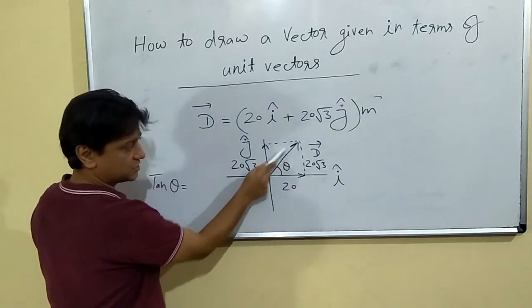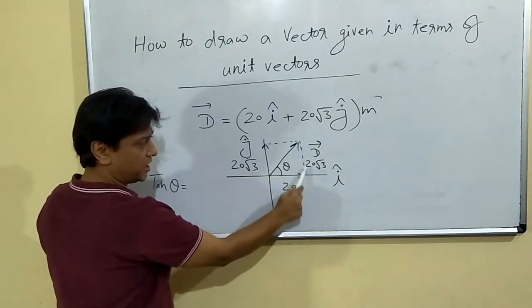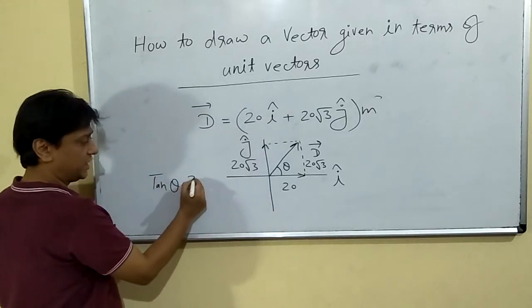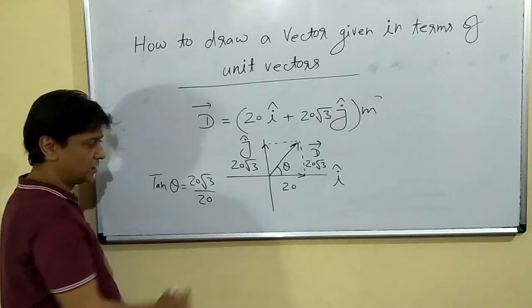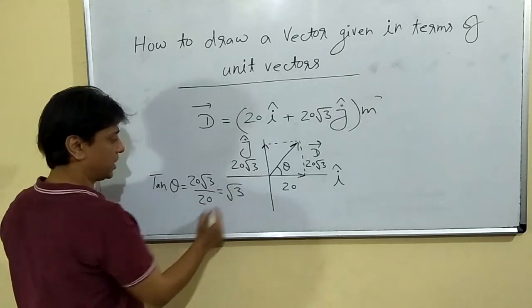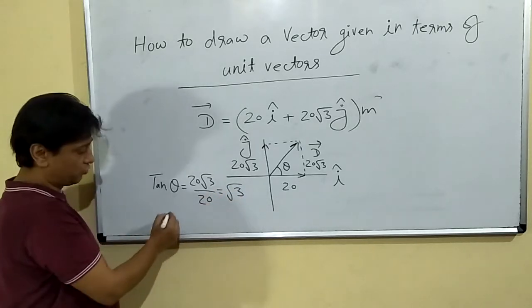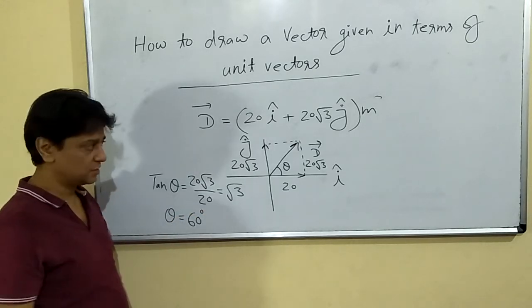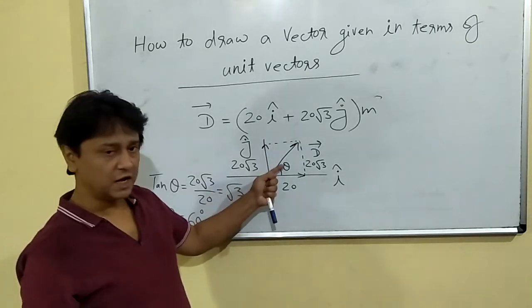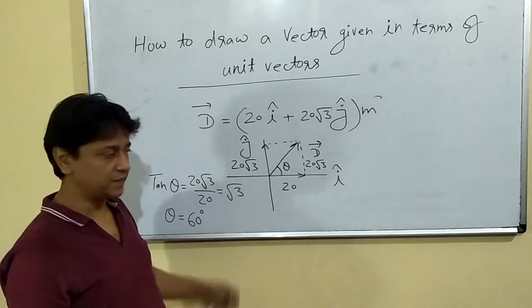This D vector is for this arrow. Tan theta is 20 root 3 divided by 20, which is root 3. Tan theta is root 3, that means theta is 60 degrees. So our theta is 60 degrees.